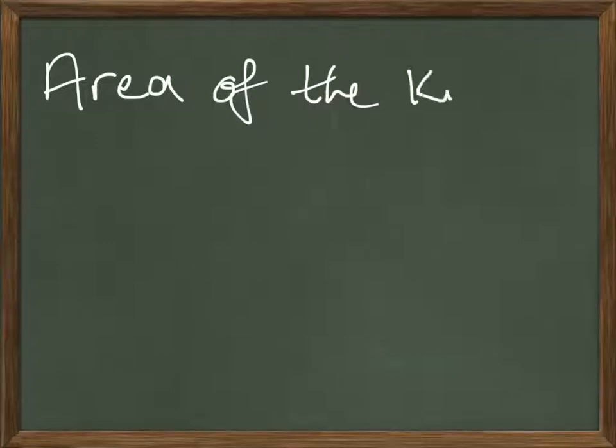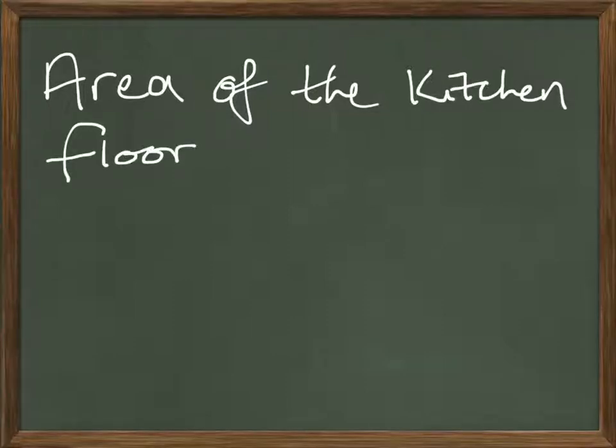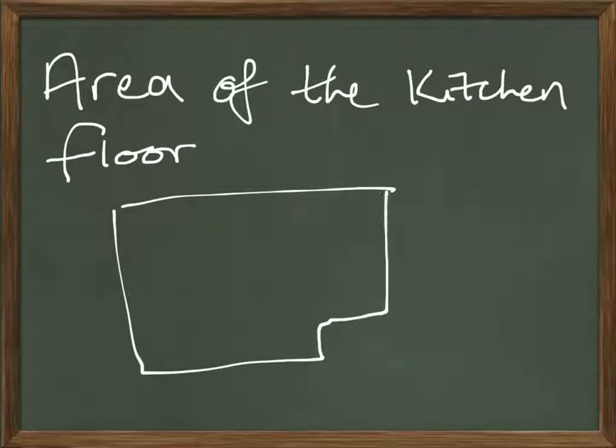So the area of the kitchen floor will basically be, remember we had this, okay, so we're going to add this in, 2 by 2, and then later on we'll subtract it from the calculation, okay.